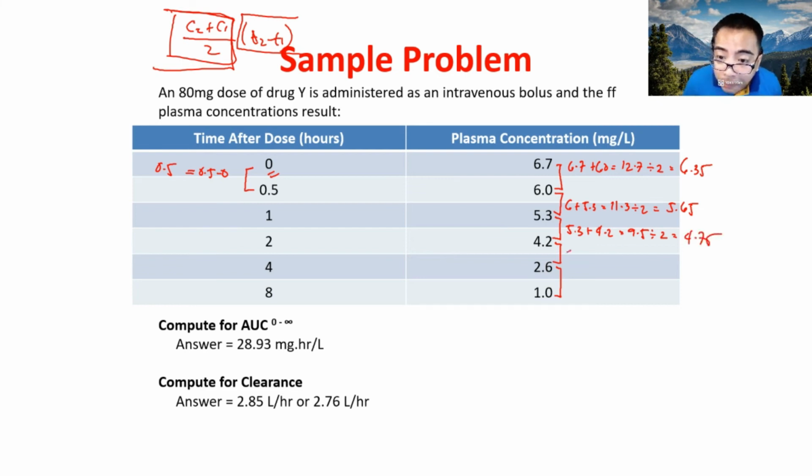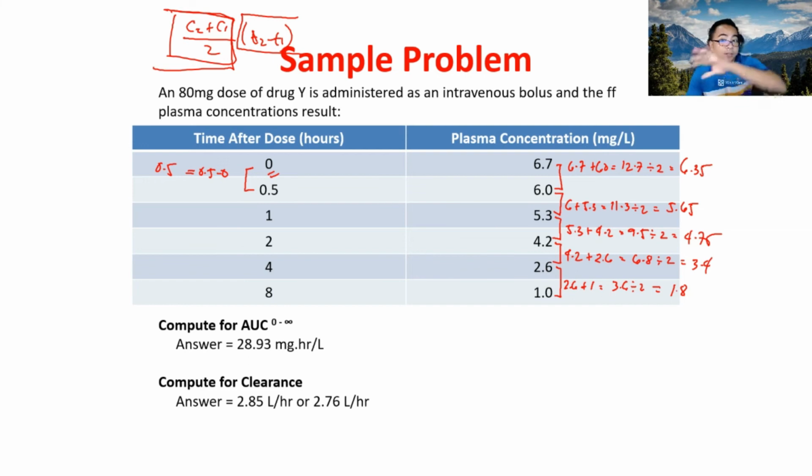Now 4.2 plus 2.6, we get 6.8 divided by 2 gives us 3.4. And then lastly, 2.6 plus 1 equals 3.6 divided by 2, you get 1.8.